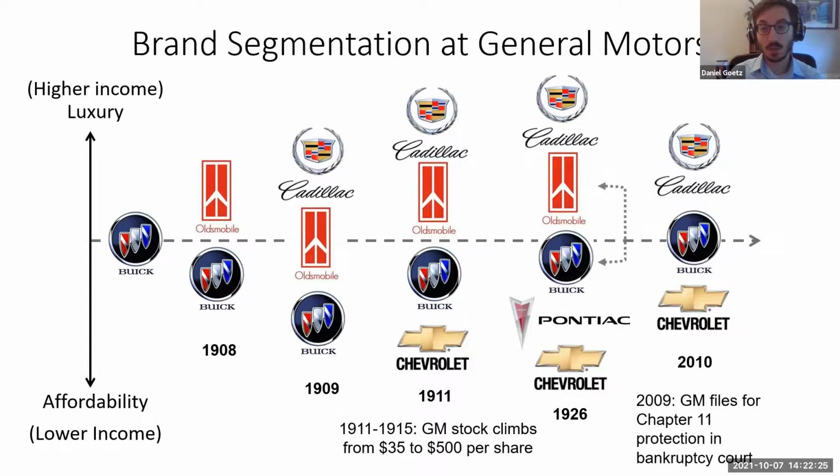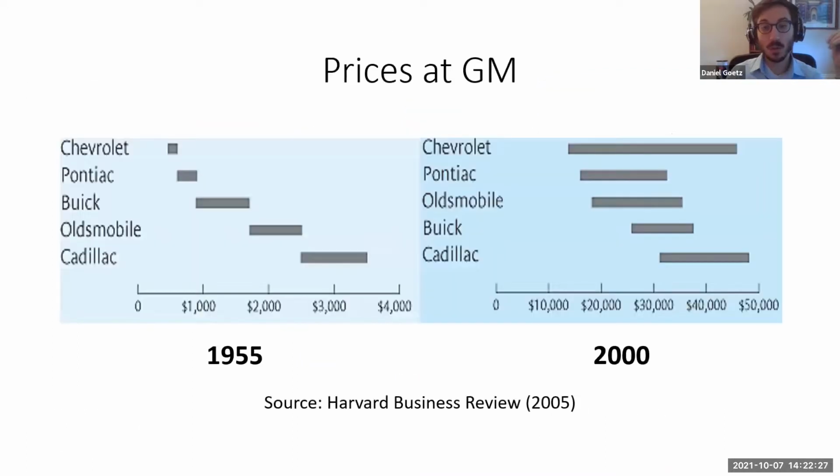And why did they do this? Here on the left, you can see each of the 5 brands that they had when they were largest and had the most brands. Each of these gray bars corresponds to the price of the cheapest model for that brand, and the price of the most expensive model for that brand. So the gray bar shows the entire price range for products within each brand. On the left, you can see that these price ranges don't really overlap; each of the different brands is serving a different income segment.